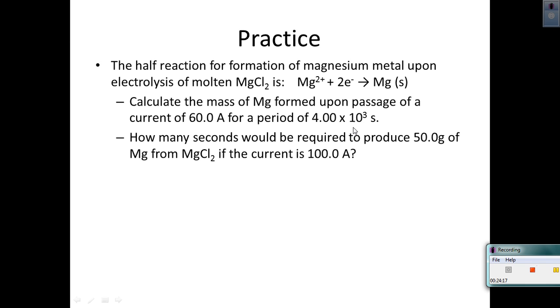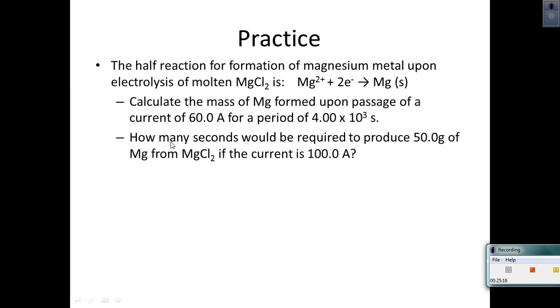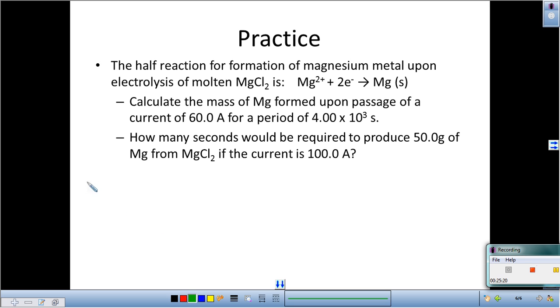Alright, so we know our amps are 60 amps, and we're going to go for 4,000 seconds.